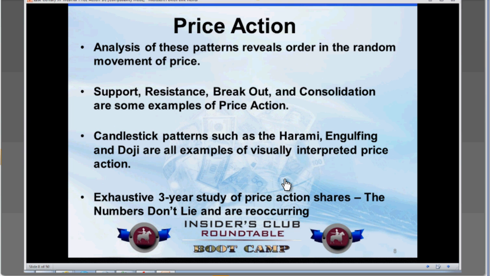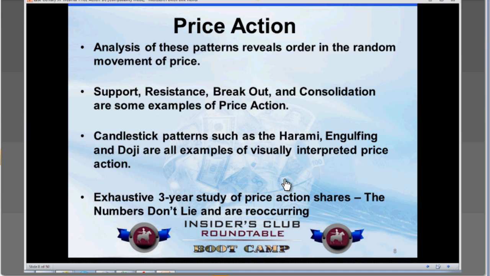Well, the candlestick patterns that are taught, such as the Harami, engulfing, and doji, are all examples of visually interpreted price action. There is nothing better than stripping down a chart and just watching the candlesticks on a 15-minute chart and charting that for a period of several weeks or 3 to 4 months, and you begin to start learning how the currency pair that you're watching operates.